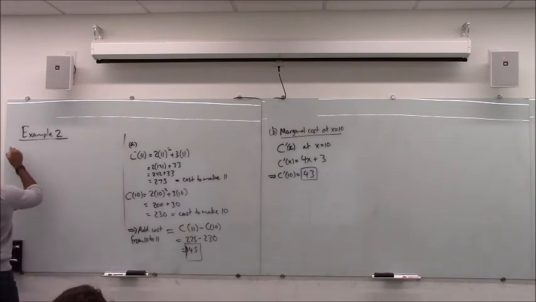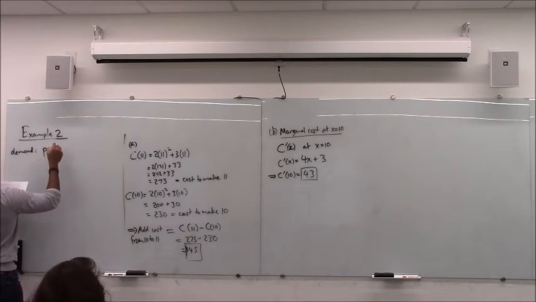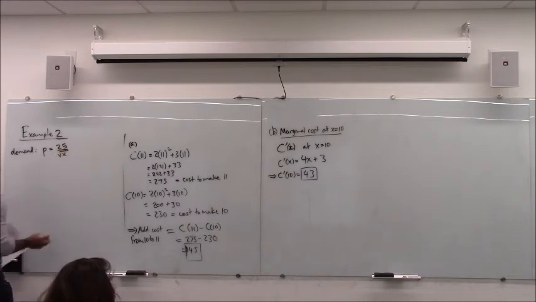So we're told a demand function. And it's 25 over radical x.